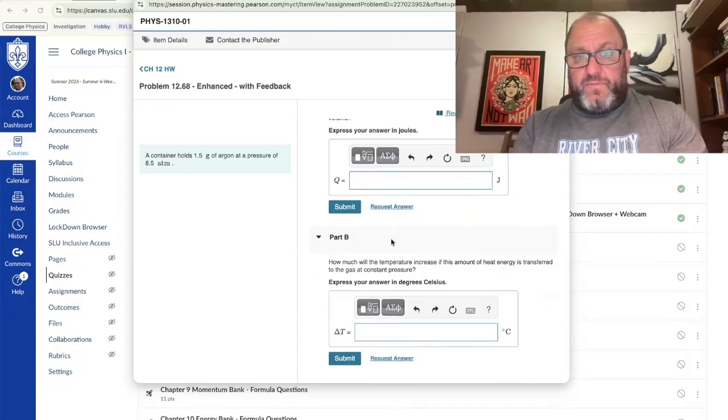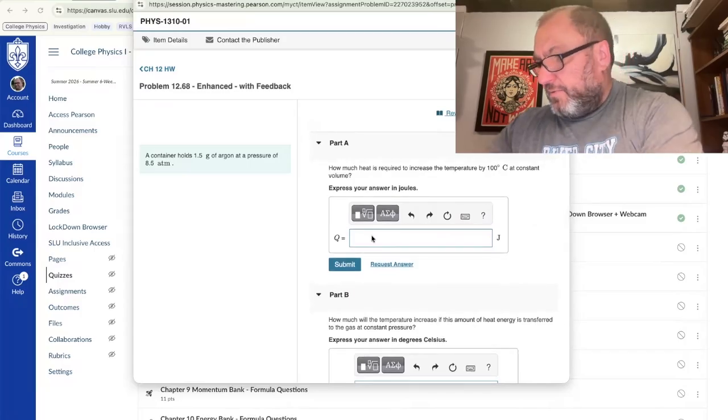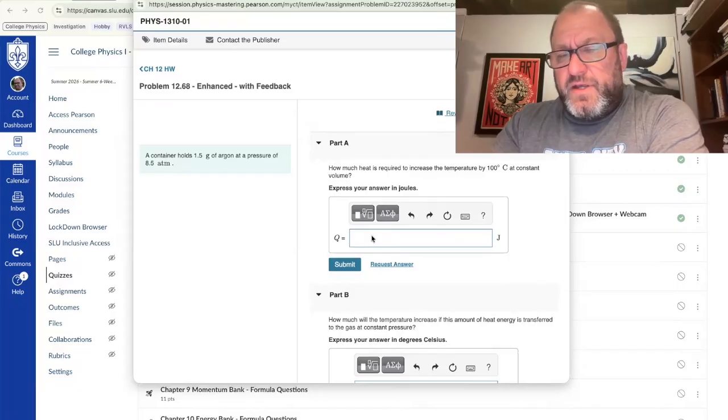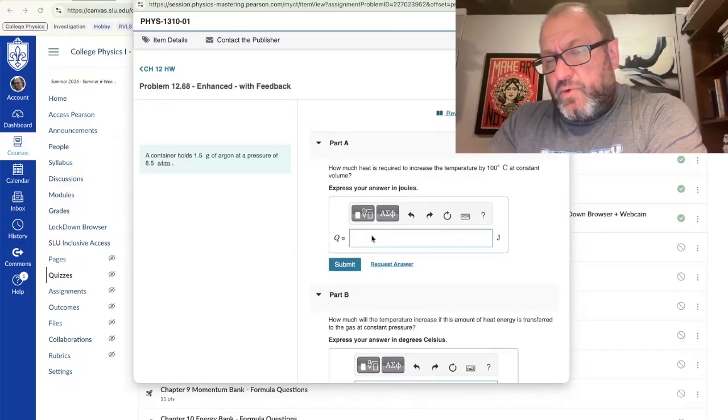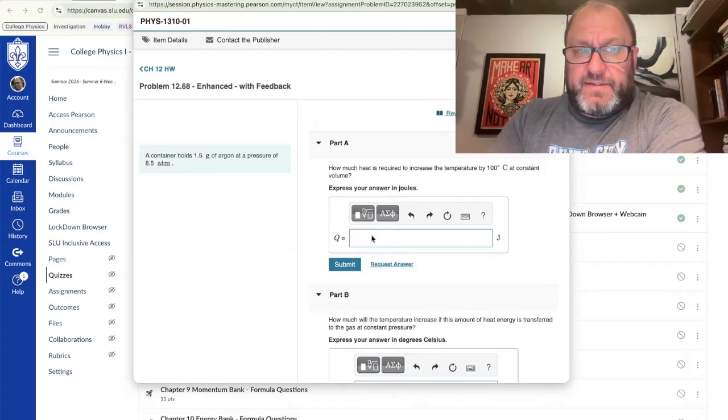Okay, so let's talk about each of these, and let's write down what we do know. This is going to be a little bit different than a solid or a liquid because we have a gas inside of a container.